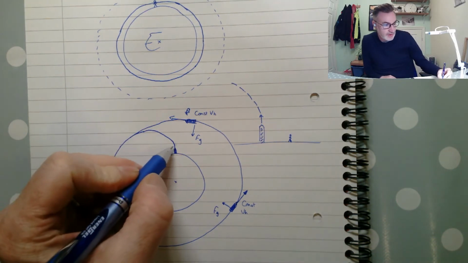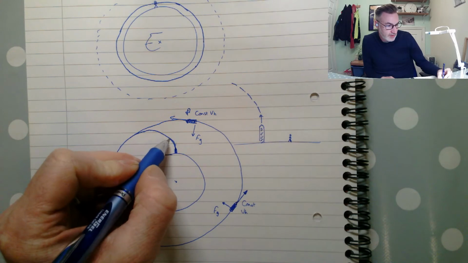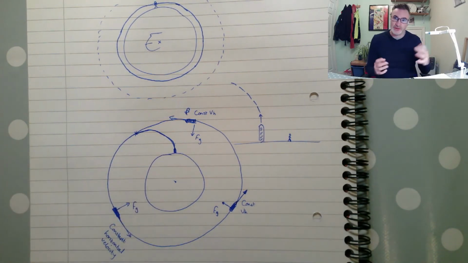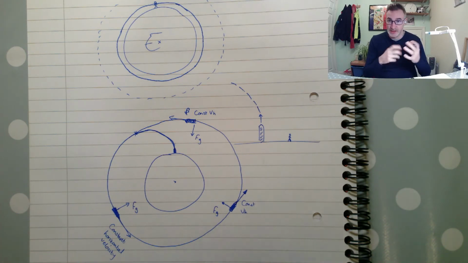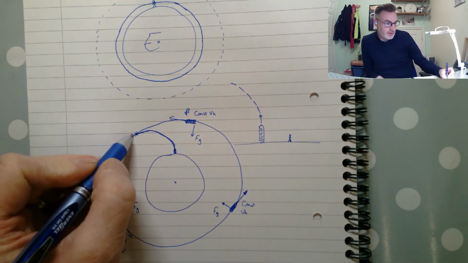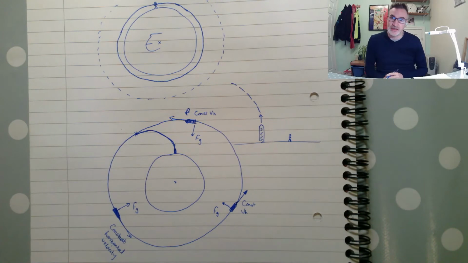Once we've used the fuel to get them up to this point, we can switch off the engines and they'll just move around the Earth under their own inertia. We don't have to provide any extra thrust to keep them that way. If we want to bring them back down, or change the altitude of the satellite, we would either slow it down.